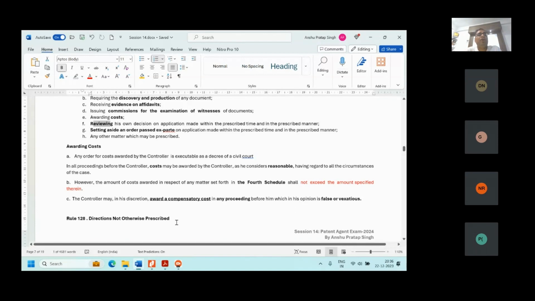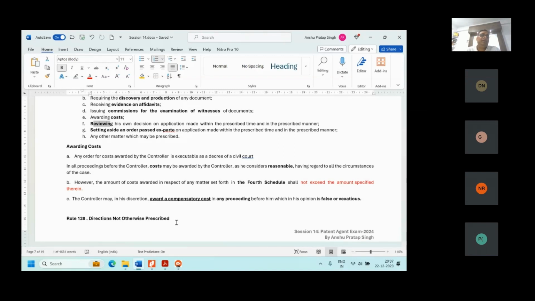Second part is setting aside an order passed ex parte. What is ex parte? Any one of you knows what is ex parte? Without the presence of the other party. Yes. See, what is happening is that on a scheduled hearing, the other party could not attend, and he has a reasonable ground not to attend.